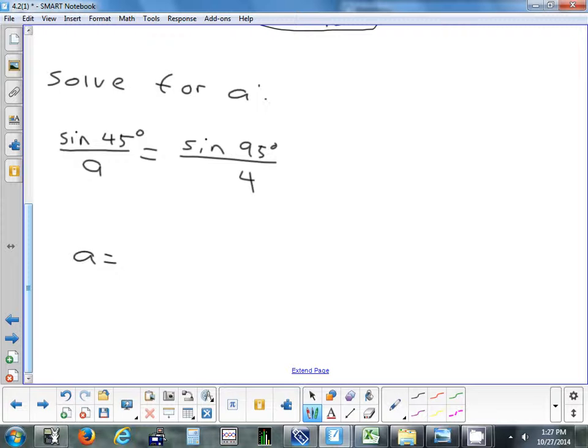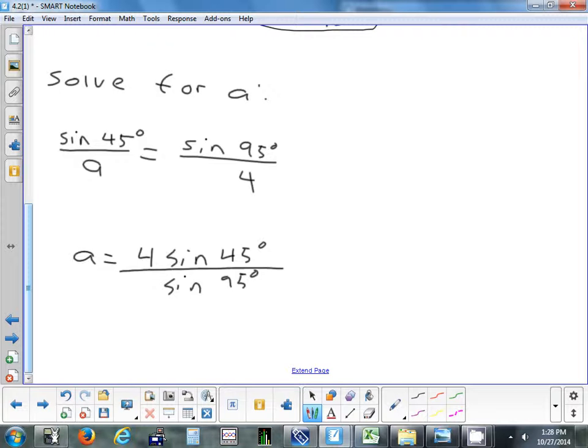Anybody tell me in one step, not as a decimal, but just as a fraction, what A will be? What times what divided by what? Yeah, Kate? Sine 45 times 4 divided by sine 95. Yes. The only thing I wrote a little different, I just switched the order that she said the first two things in.